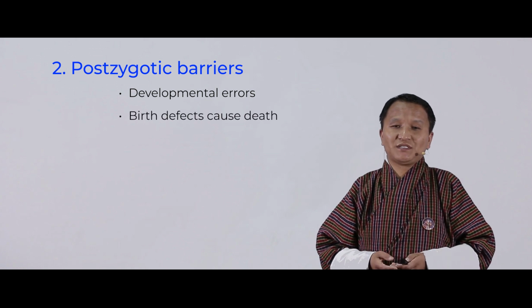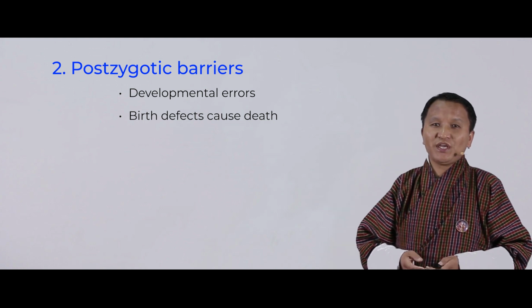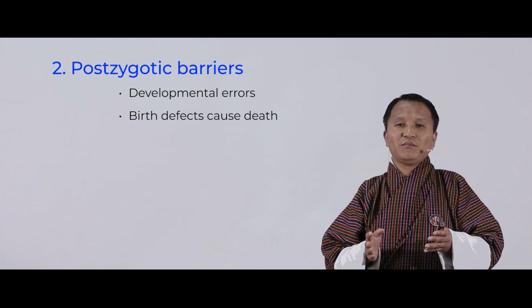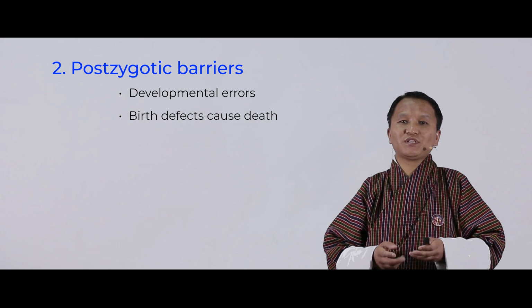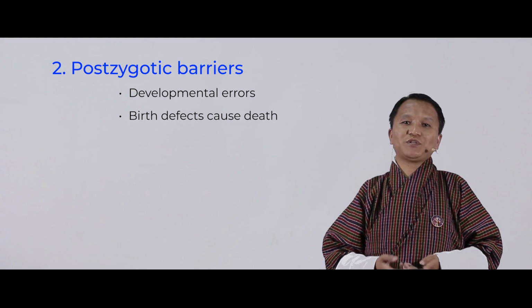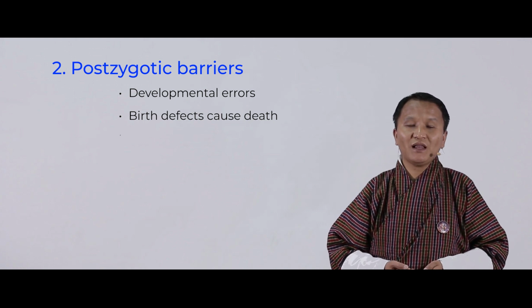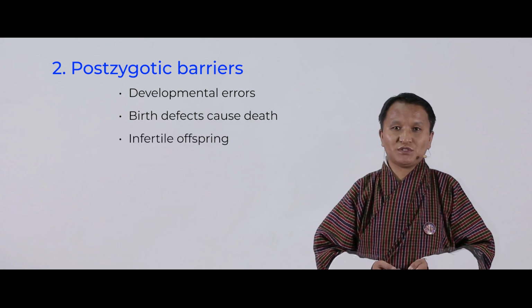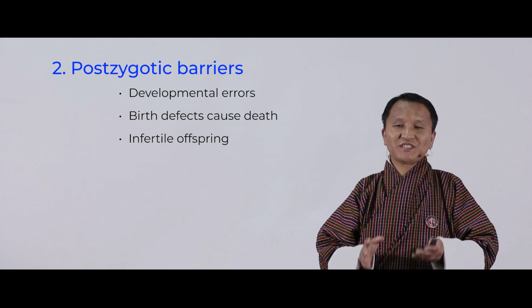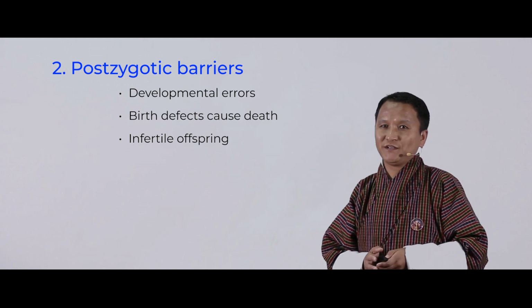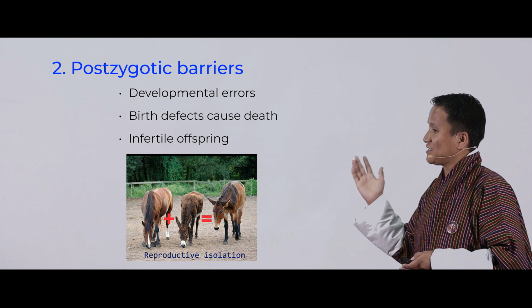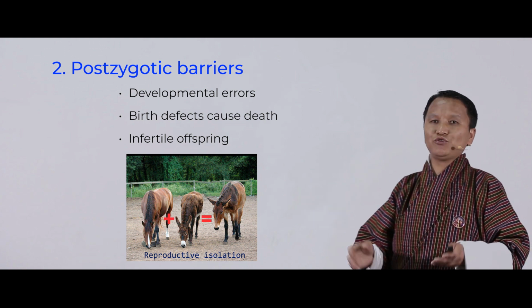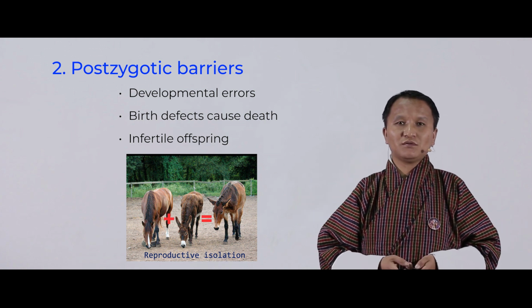And in some cases, as we have seen already, a donkey mating with a horse produces the mule, and the offspring produced will be infertile, thereby not fulfilling the condition of species. So, basically, you will find reproductive isolation as seen here between different species.